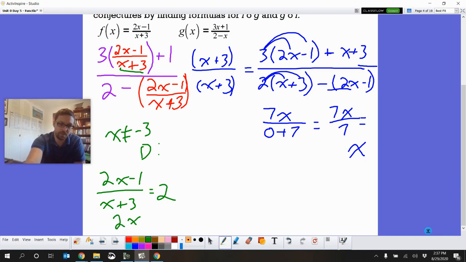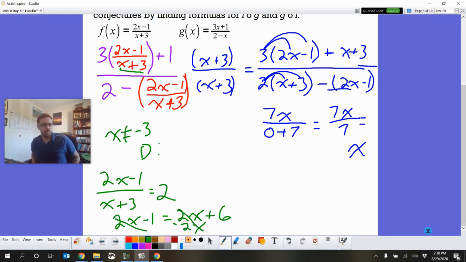So we get 2x minus 1 equals 2x plus 6. And that seems to be not possible, which is good, because we wouldn't want it to be possible. You're going to subtract a 2x, and then the x's cancel out, and you get negative 1 equals 6. So fortunately, f of x never spits out a 2.